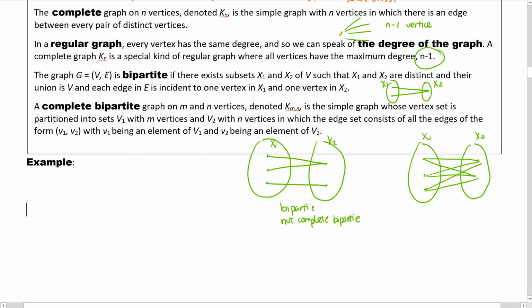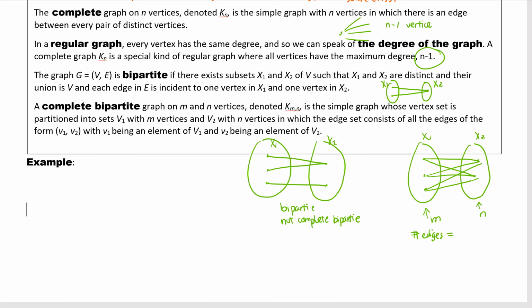Now you can see what the total number of edges is. Let's say here we have m vertices and here we have n vertices.